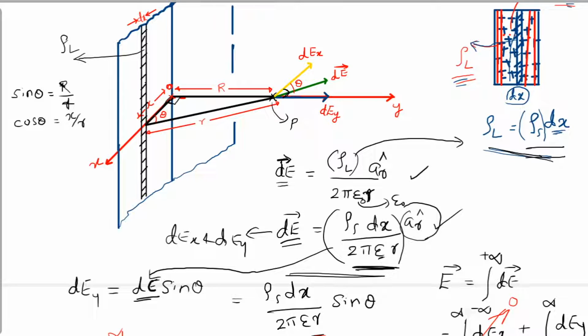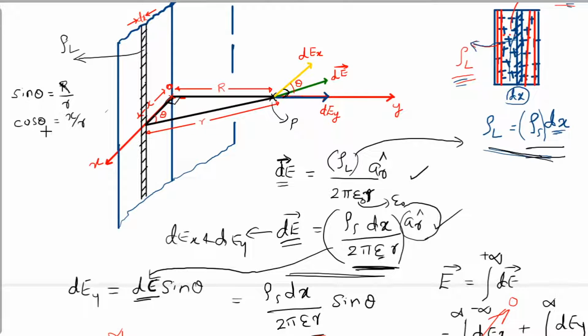What is fixed here? Capital R is fixed, no? Capital R is not a variable. From the figure you see, unless point P varies, capital R is not a variable. Now we are not varying this P. We are keeping this P constant and we are varying dx. So for the time being this capital R is constant.